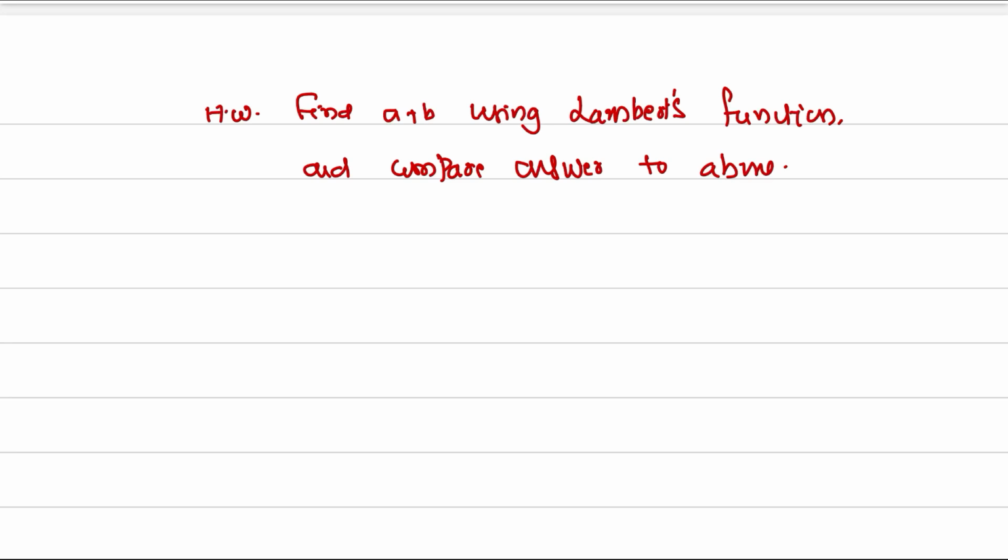One is the Euler method we have seen. Next, Lambert's method, you please do it. The answer should be a plus b is equal to approximately 1.64.